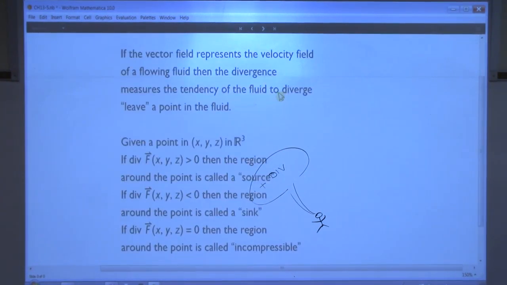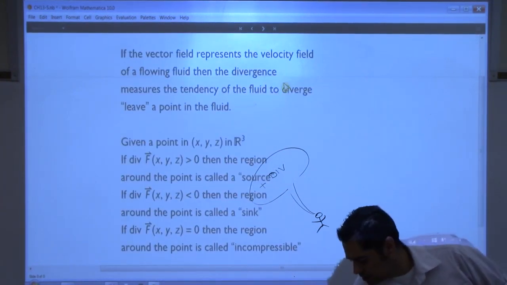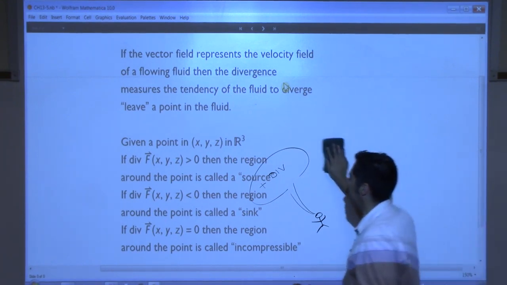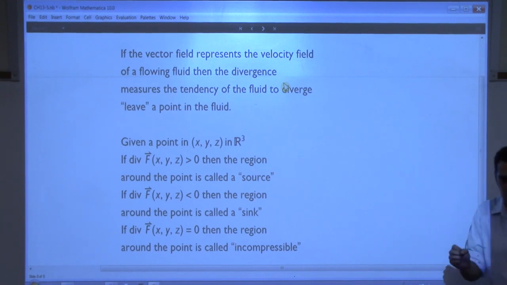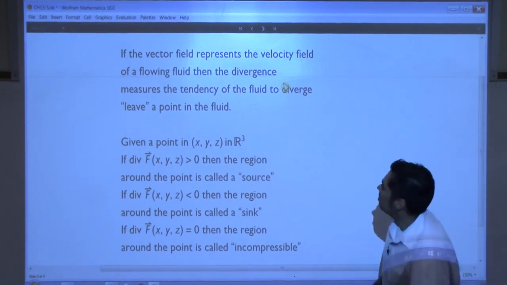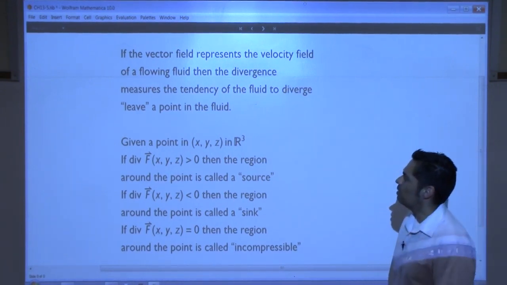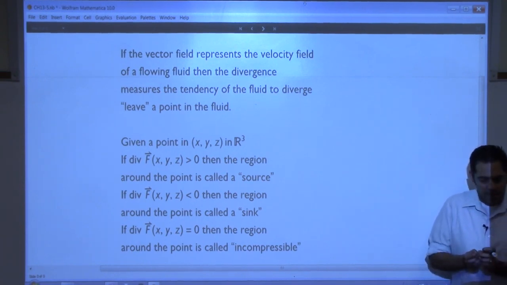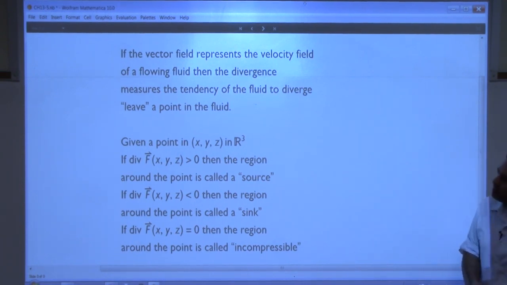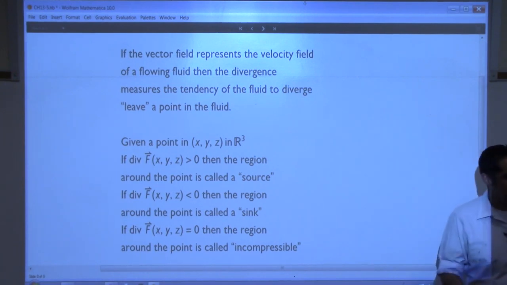So in terms of curl, it gave us the tendency of our fluid to want to twist, to turn, to curl. The div measures the tendency of the fluid to diverge or leave a point. It's kind of difficult to explain. I know some of you have heard of divergence before.